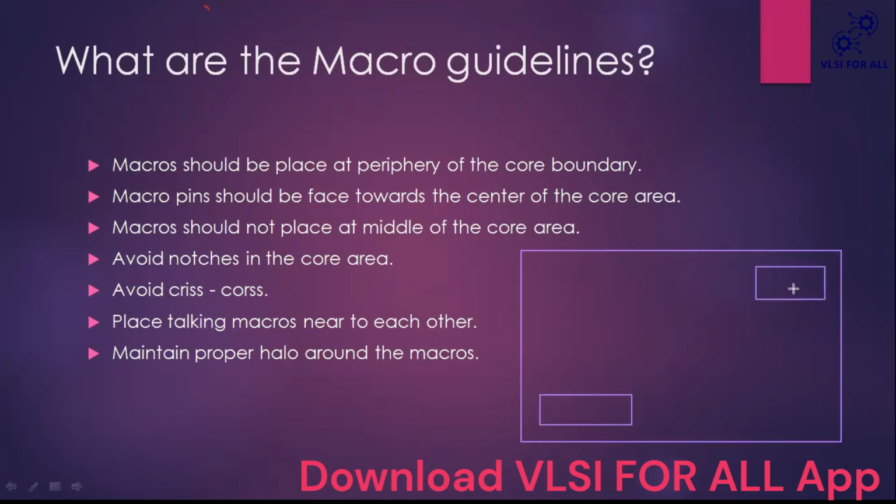These two are talking to each other. Instead of placing them like this, we have to move this macro from here to here. We have to place it like this. So these macros will occupy fewer routing tracks. This point is like that.